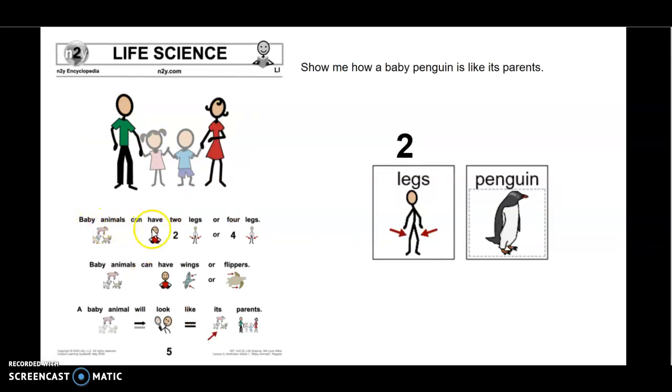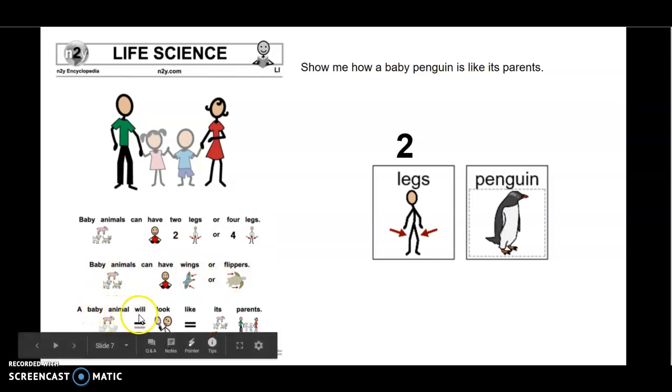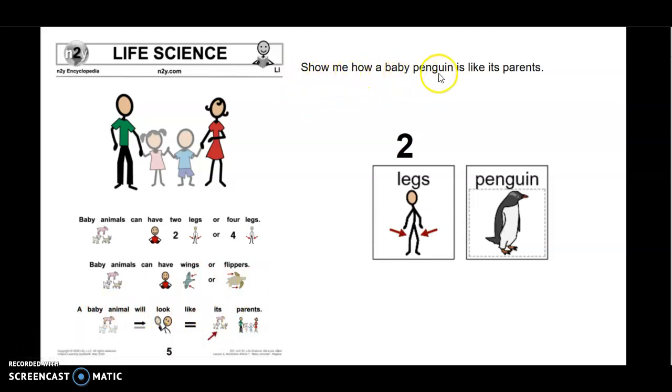Baby animals can have 2 legs or 4 legs. Baby animals can have wings or flippers. A baby animal will look like its parents. Show me how a baby penguin is like its parents.